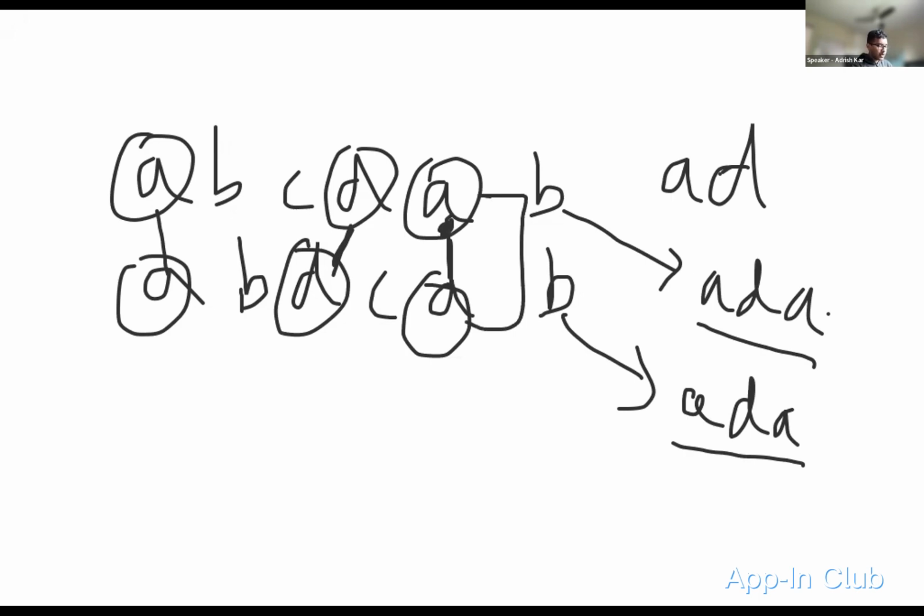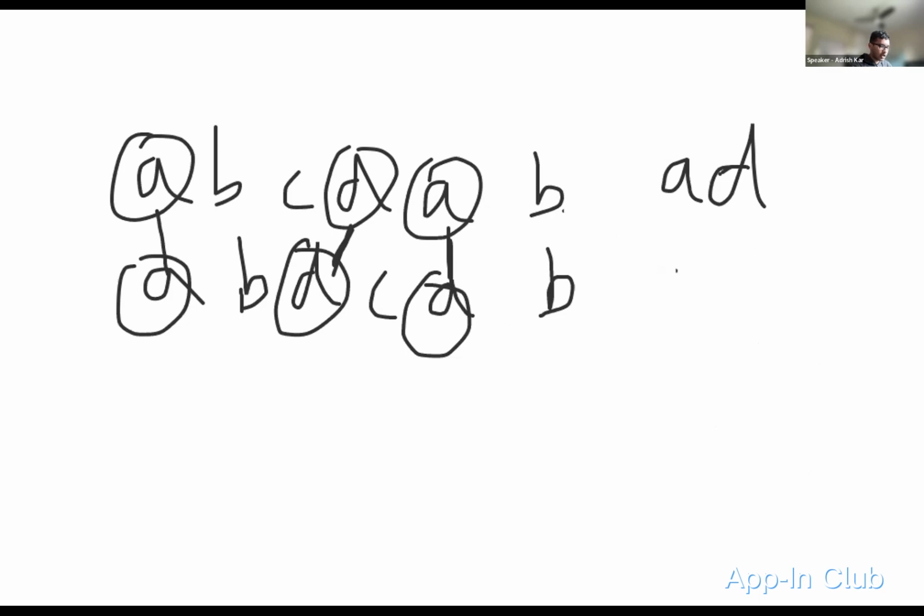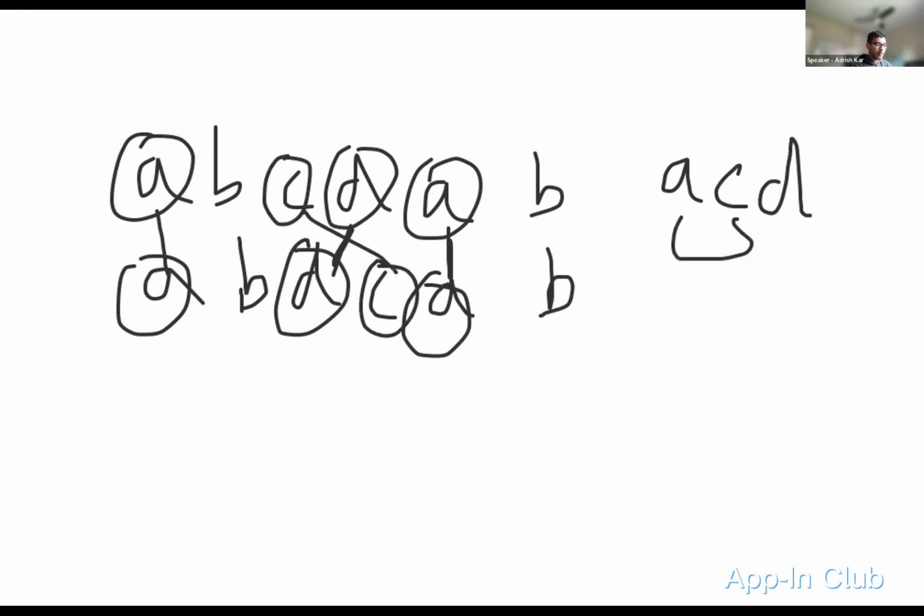The next step from here would be to realize that instead of focusing on the entire subset of letters, let's say I had a subset with more than 2 letters, probably better is ACD, I can focus on each pair in the subset rather than the entirety of the letters.